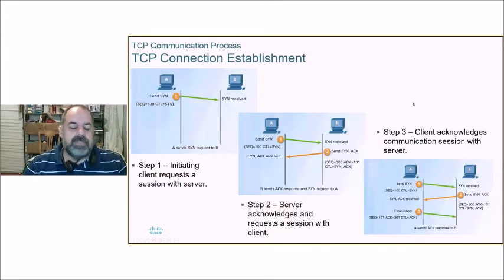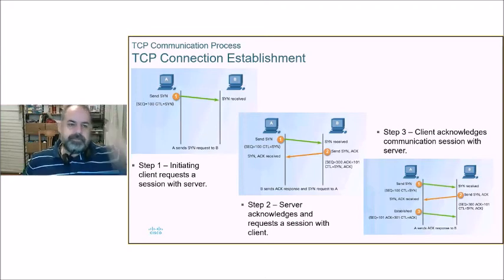So TCP, as we said, is connection oriented, and so how do we establish that connection? It's called a three-way handshake. Normally it's the client that will start a connection, because the server is there waiting for a request.